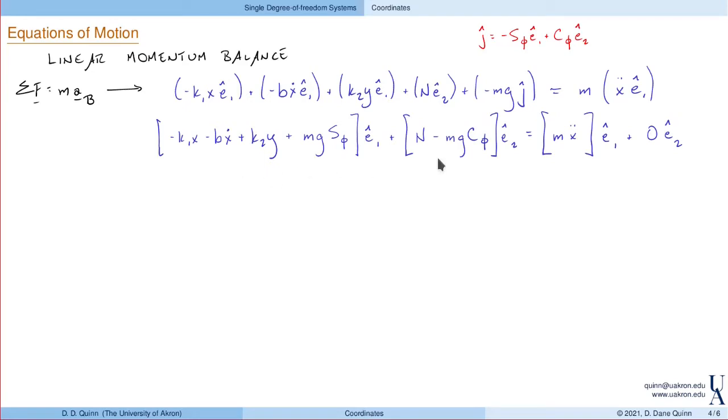So we can take the E1 components and we can take the E2 components. For E1, we have m x double dot plus k1 x plus b x dot minus k2 times y equals mg sine of phi.